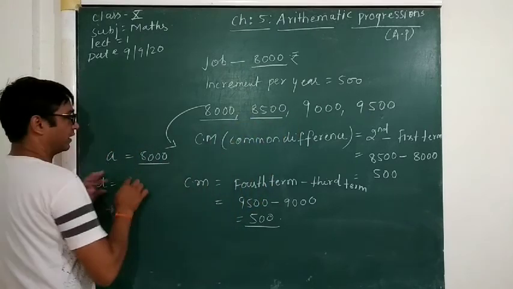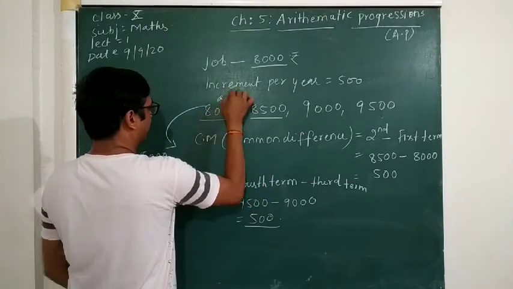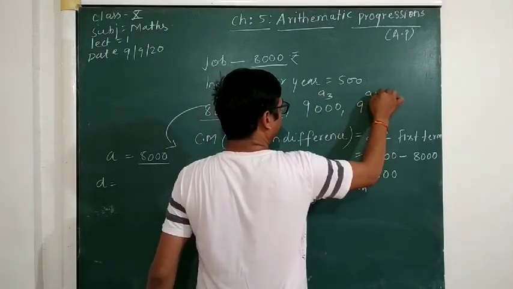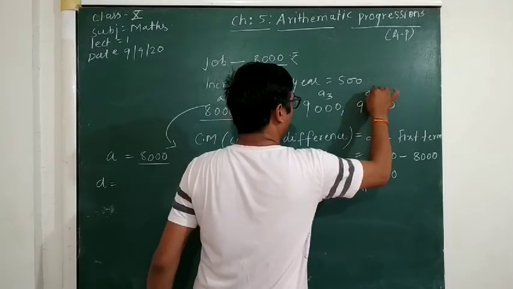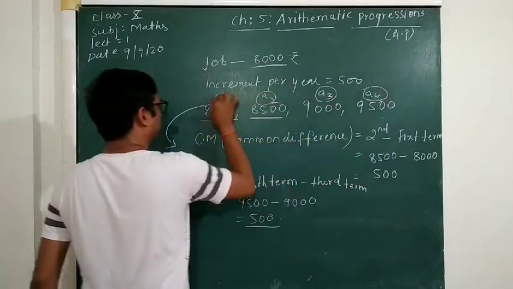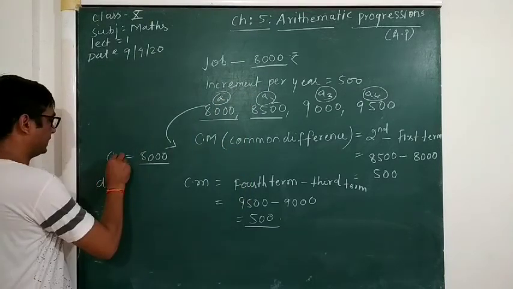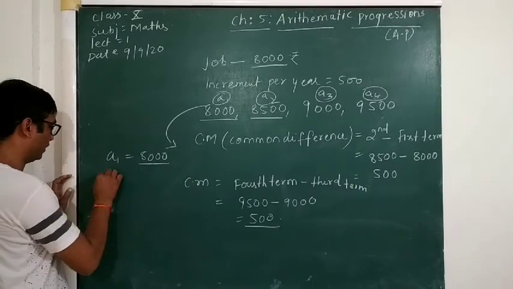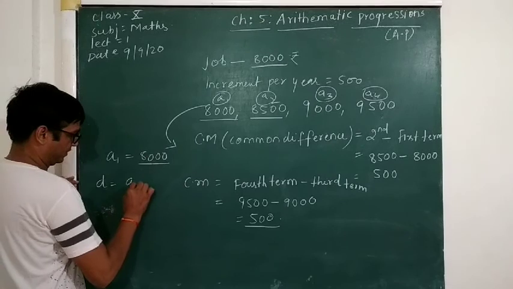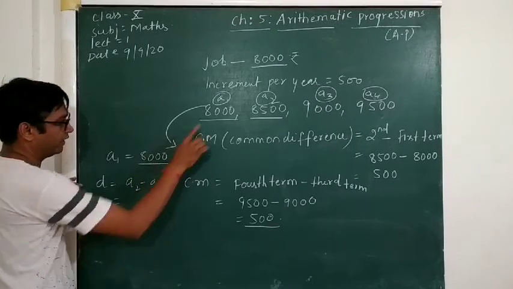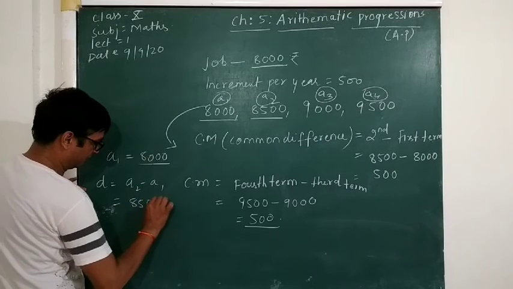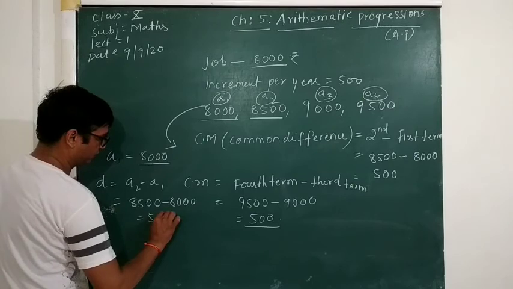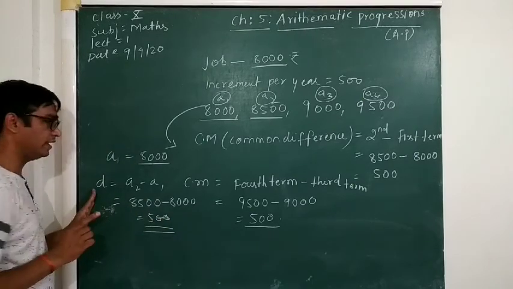The first term is given as A1, the second term can be given as A2, this as A3, this as A4. A1 is 8,000. So how will you find the difference? Just by the formula, D is equal to A2 minus A1. A2 we have taken as 8,500 minus 8,000. So 500 will be your difference, that is D.